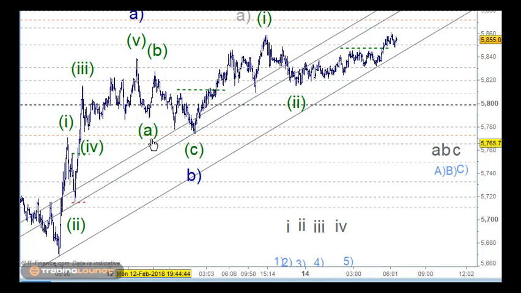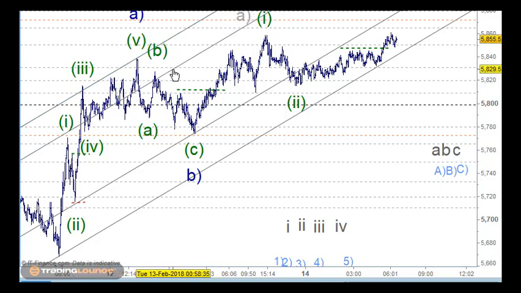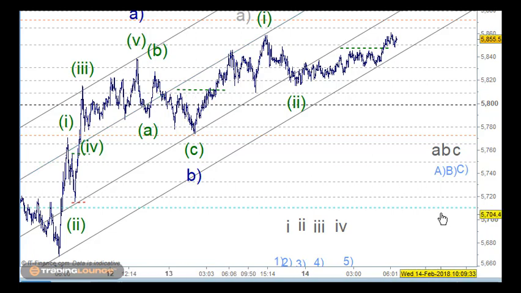So that will be our pathway to the upside.